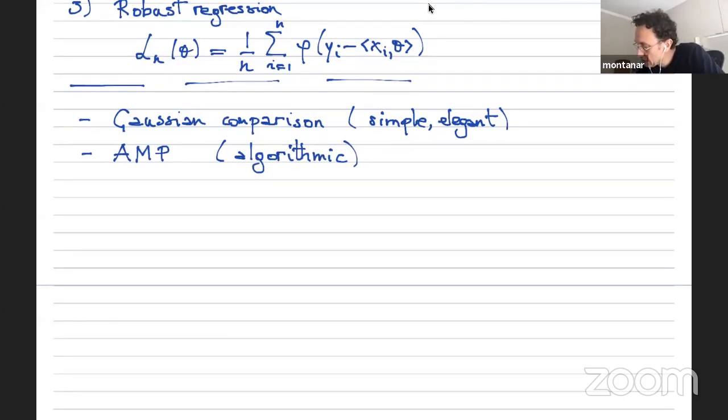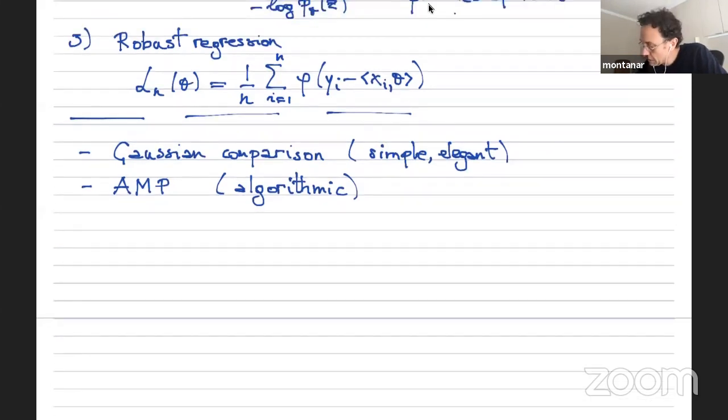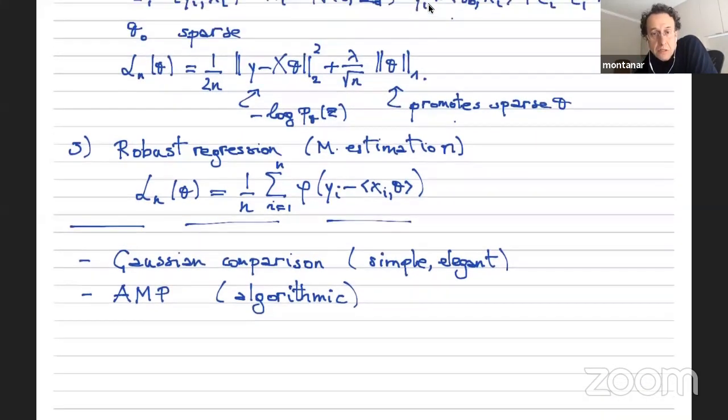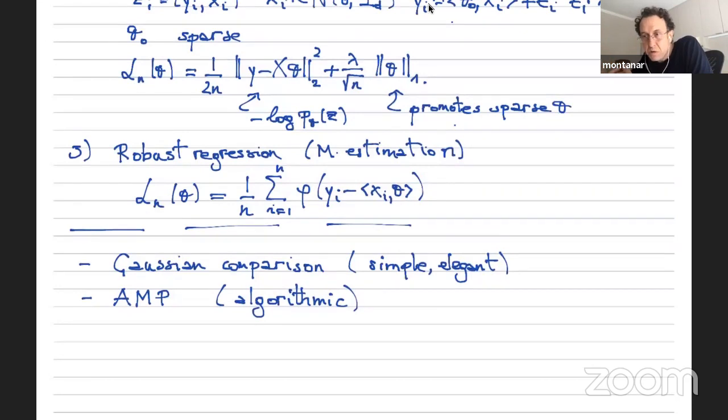This example that I mentioned here is in general really called M estimation in statistics. But a special case of it was popular in robust statistics, and the basic idea is the following. In the square loss, the point is that the square loss is very sensitive when you have a data point that is an outlier.